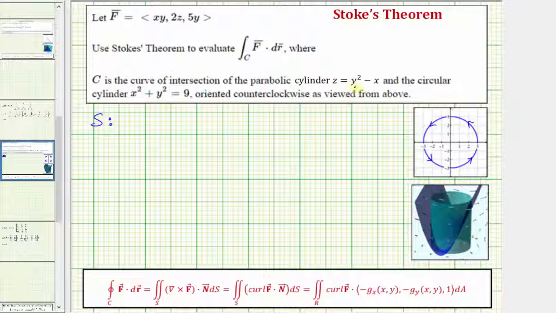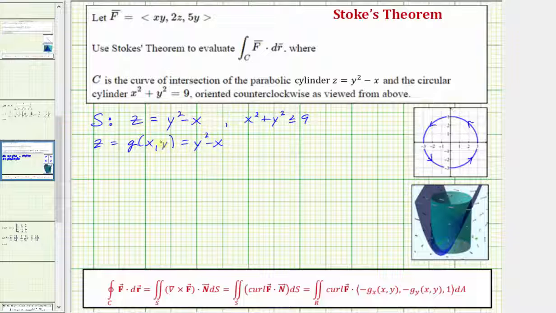Well, the surface S is on the cylinder z equals y squared minus x. So this would be the surface as long as x squared plus y squared is less than or equal to 9. So this also tells us that z equals g of x comma y equals y squared minus x.